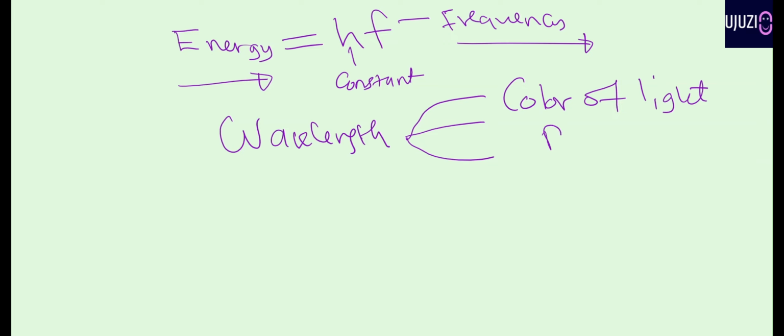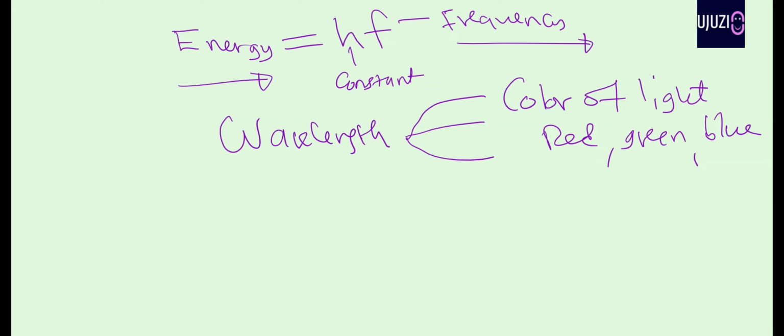So when we have red, we have green, we have blue, these different colors have different wavelengths. Like red, you'll find something around, let's say, 700 nanometers. Green, you'll find something around, let's say, 500 nanometers. And blue, you'll find probably something around 400 nanometers. So when you talk about wavelength of light, it determines the color of that light.